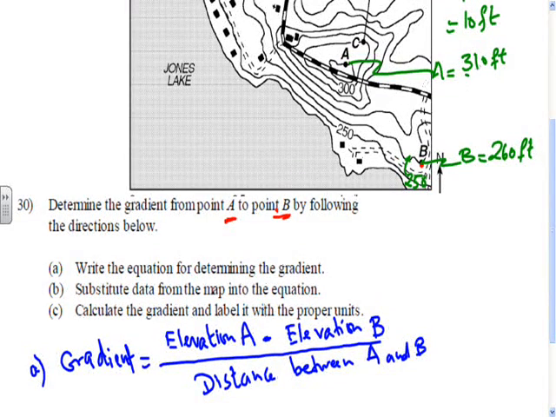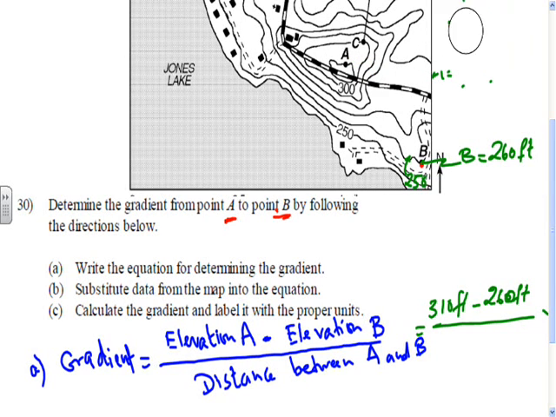Elevation of A is 310 feet minus the elevation of B, 260, divided by the distance between A and B.